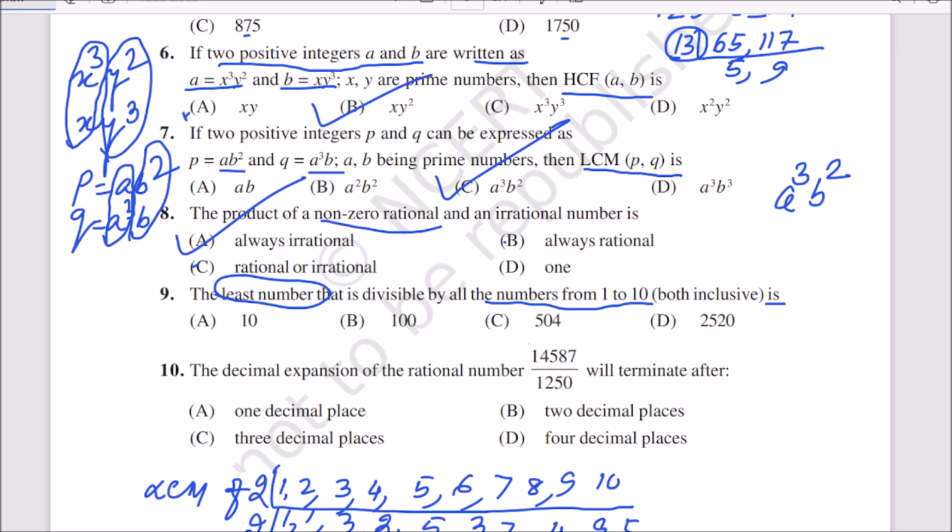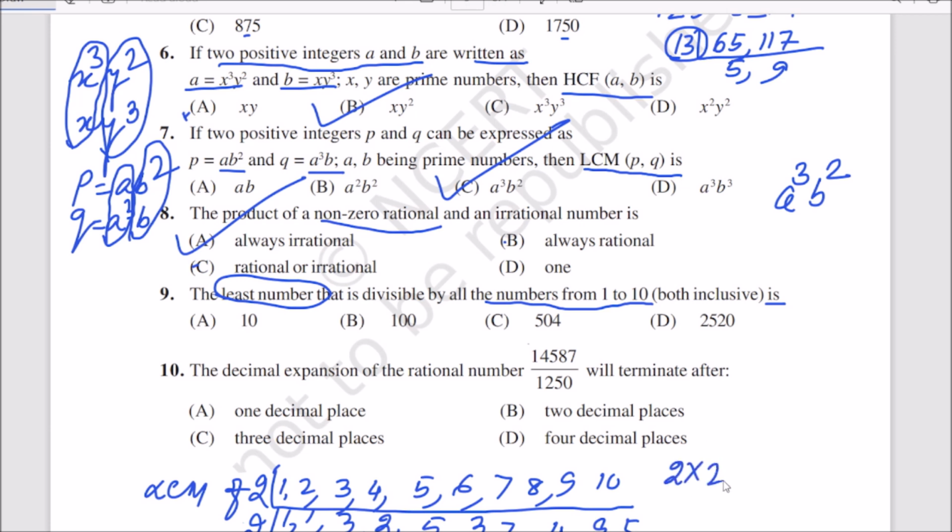Then you will go for 3, 1, 1, 5, 1, 7, 2, 3, 5. And you are getting again another 5. So what will be 5? 1 here, then 1.